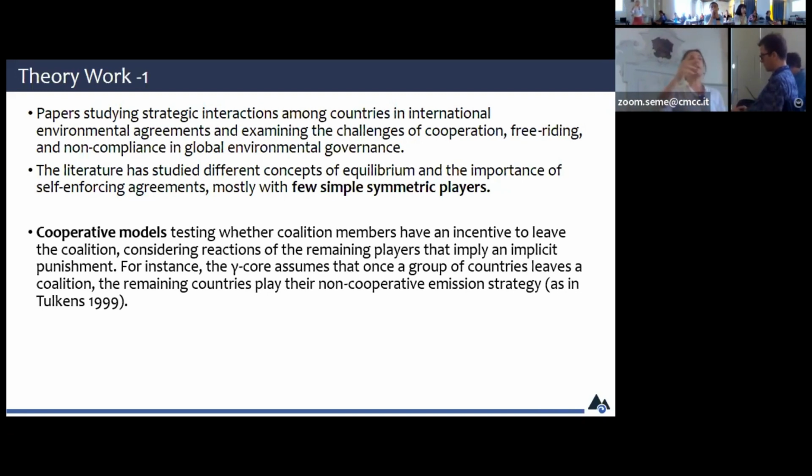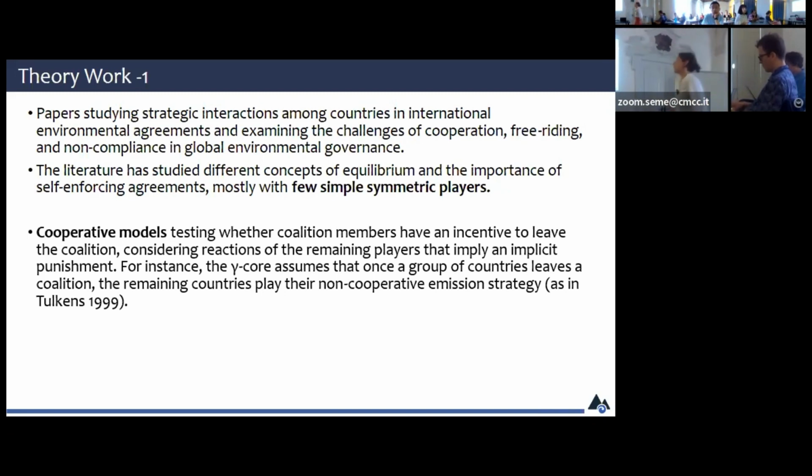So to calculate whether Italy has an incentive to deviate, I have to compare 2 things: the payoff Italy has when playing within the coalition, China, Italy, USA, and the payoff Italy has in the Nash situation where everybody is going on their own. Italy, getting a lot of damages from climate change, will most likely be willing to stay in the coalition, because I'm calculating stability as the difference between the payoff I get within the coalition and the payoff I get in the Nash, if everything unravels.